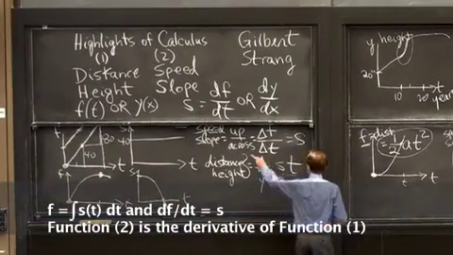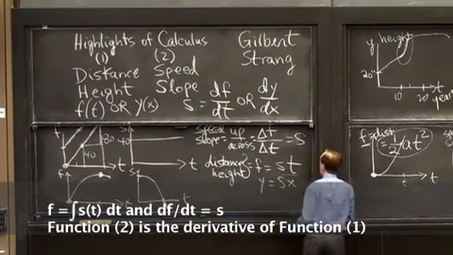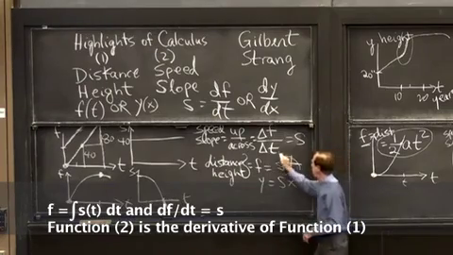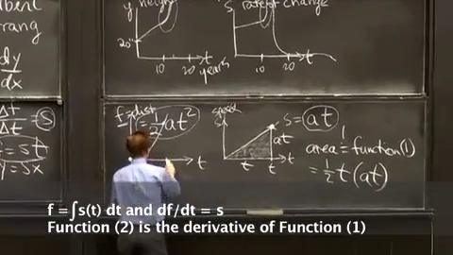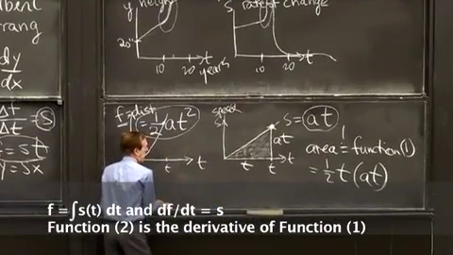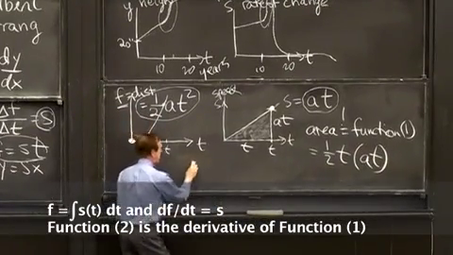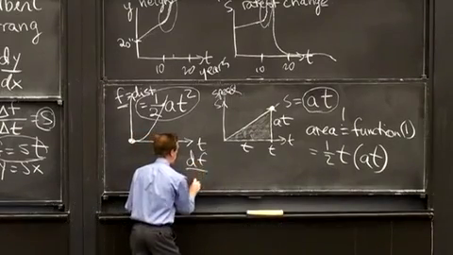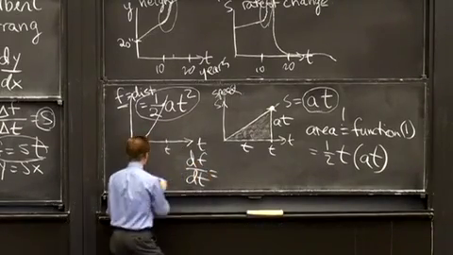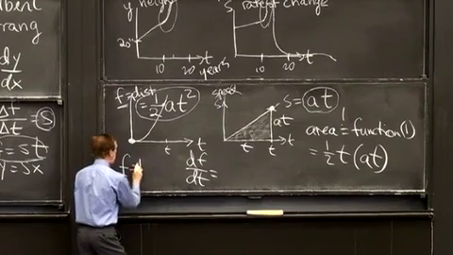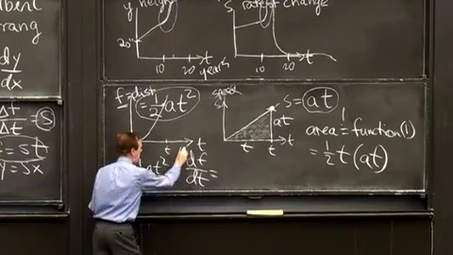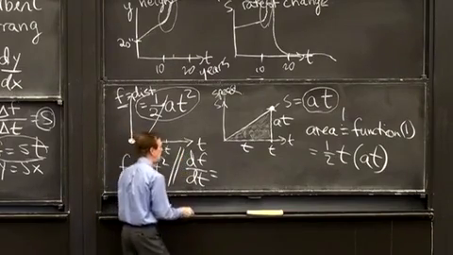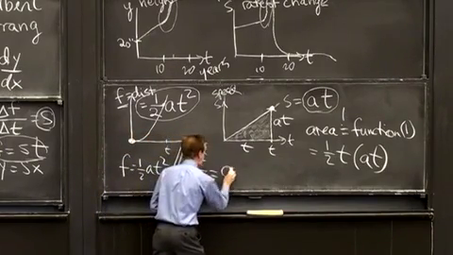Okay, so there you have the first, well, I'll say the second. The first pair of calculus was f equals st, and its derivative was s. Our second pair is f is this, and will you allow me to write df dt? If f is 1/2 of a t squared, then df dt is a t.